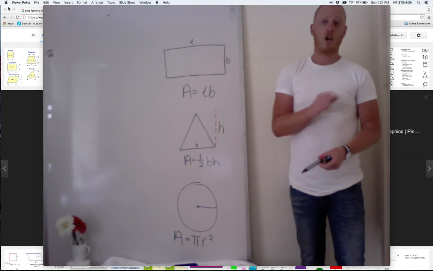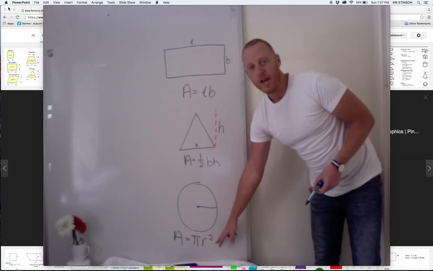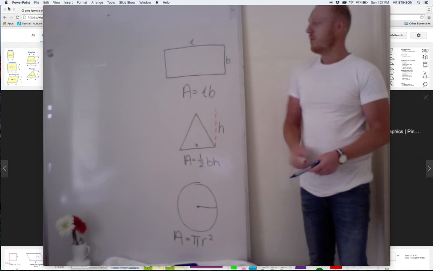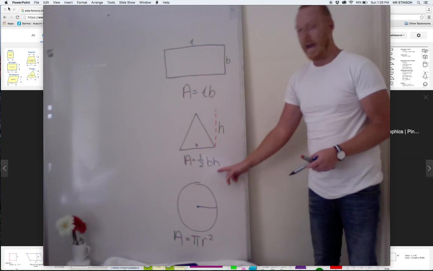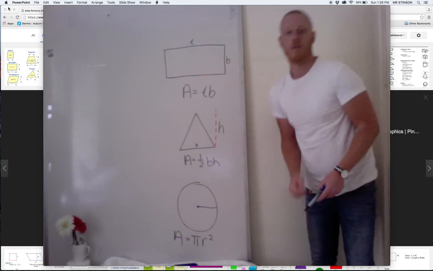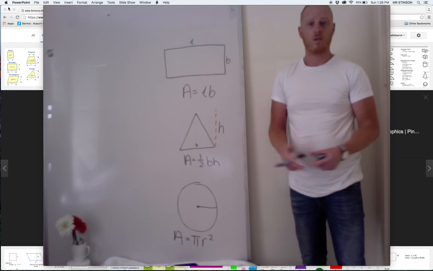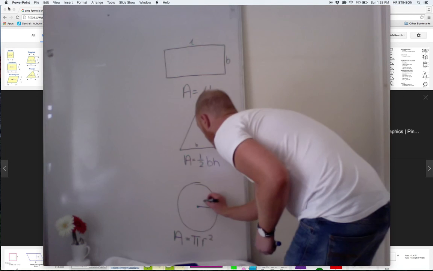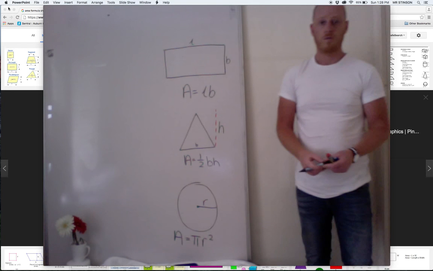But not only that, the values that you see on the right hand side will be different from other shapes. So, in a rectangle, L and B. In a triangle, B and H. In a circle, R. So what does R stand for in a circle? What are you looking for? R stands for the radius of any circle.